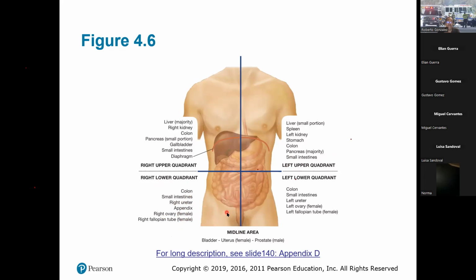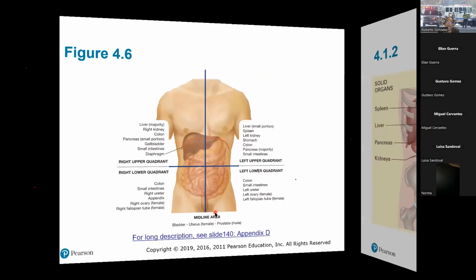Guys, you don't have an ovary, sorry. Your ovaries became testicles through a process. Then you have the colon, small intestine, left ureter, left ovary in females, and left fallopian tube in females.